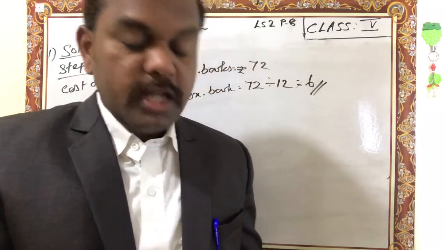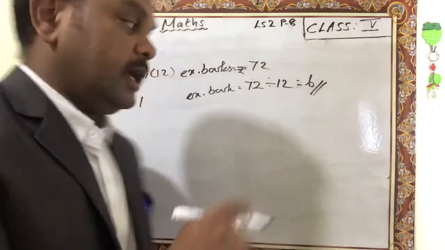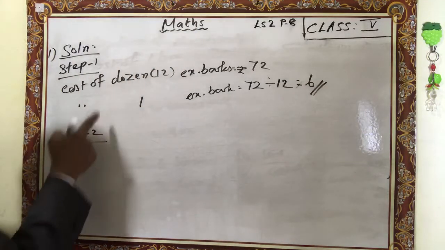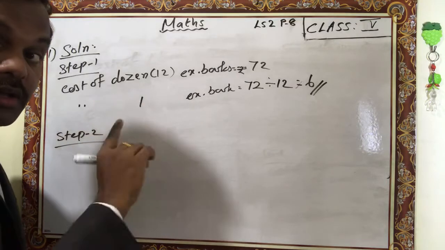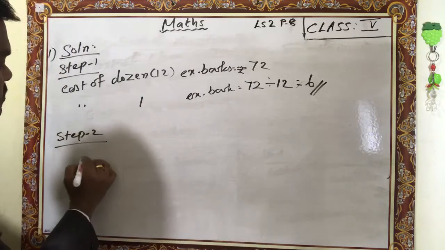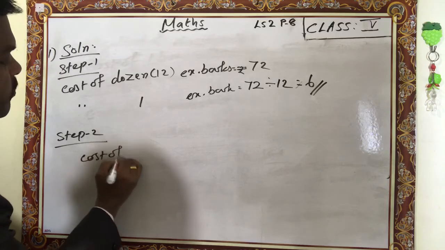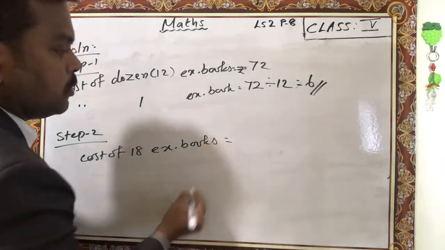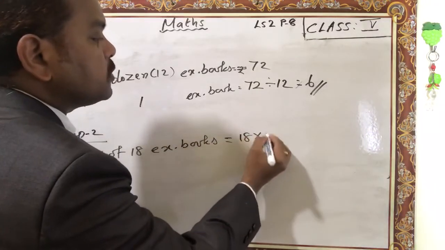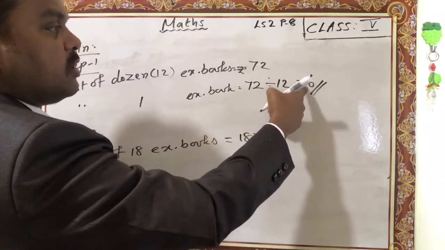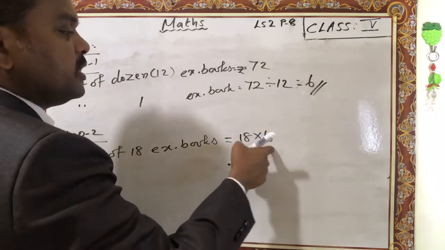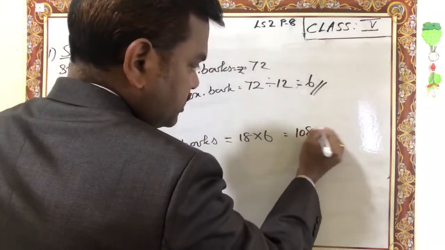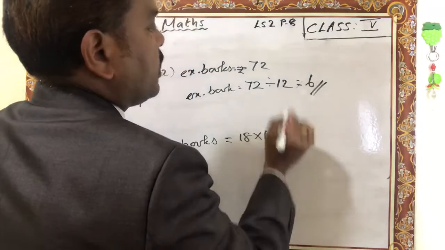What about 18 books? You have to multiply. Step 2. Cost of one book we found; now the cost of 18 books. 18 exercise books is equal to 18 into 6, because this is the cost of one book. 18 into 6 is 108 rupees.